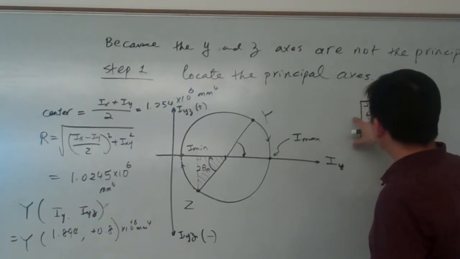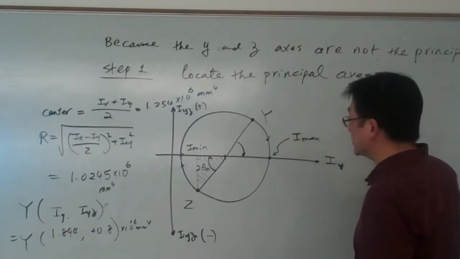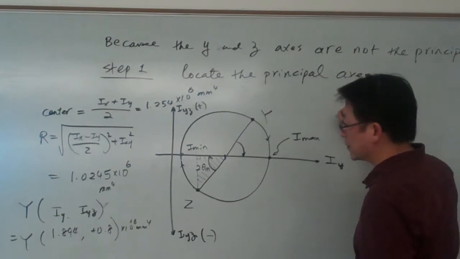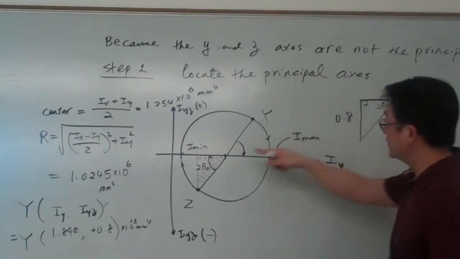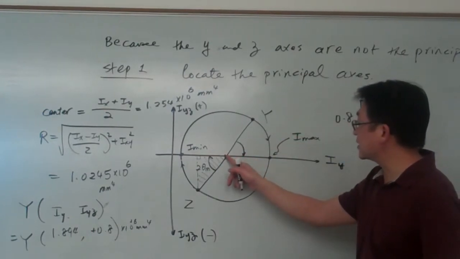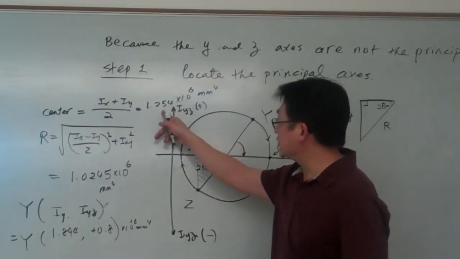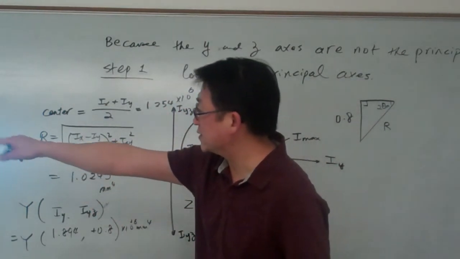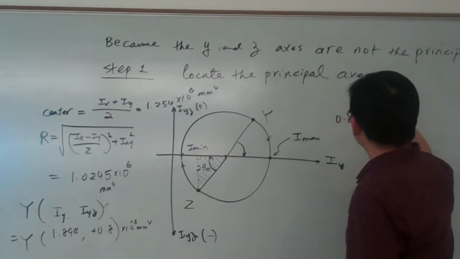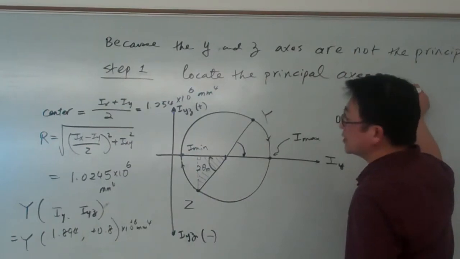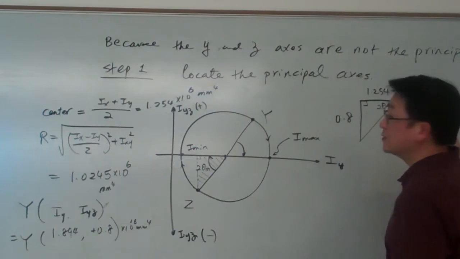This is R, and this one is Iyz, 0.8. And this one, the distance, is the center minus the coordinate of Z. The center minus the coordinate of Z should be equal to 1.25 minus the coordinate of Z, 0.614.